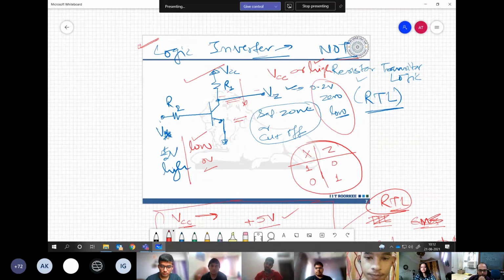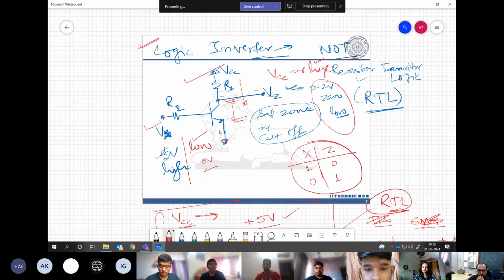We see that whenever we are giving any input voltage Vx at the base terminal connected through a resistor, whenever this Vx voltage is high, this device voltage drops to VCE sat.